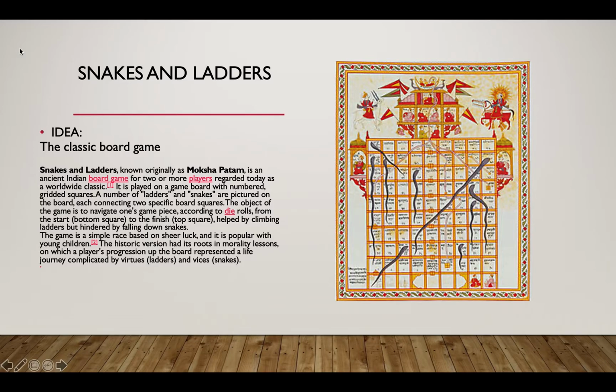So the old version was very rooted in morality lessons, like the player's progression up the board represented a life which was complicated by virtues and vices, the ladders and the snakes.